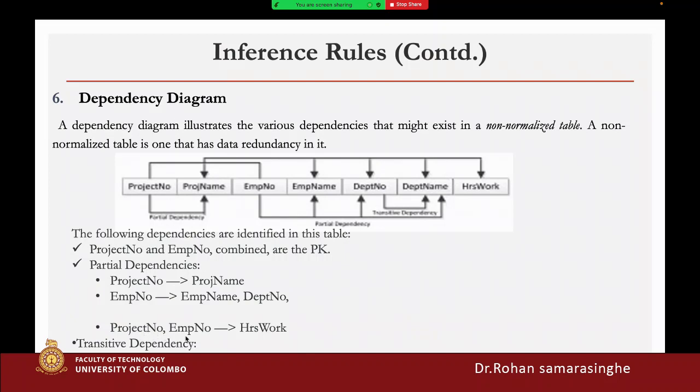Then from the project number and the employee number you can get the hours worked. So here partial dependencies are there, and transitive dependencies are here.